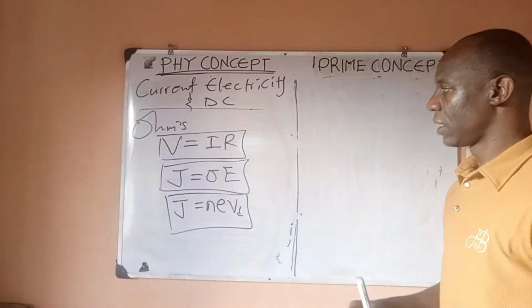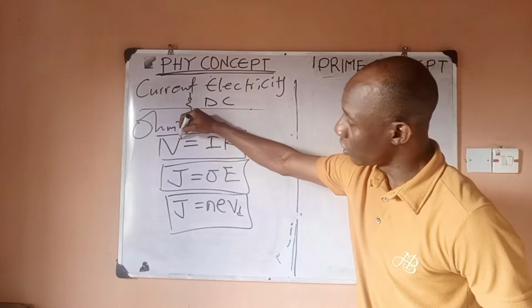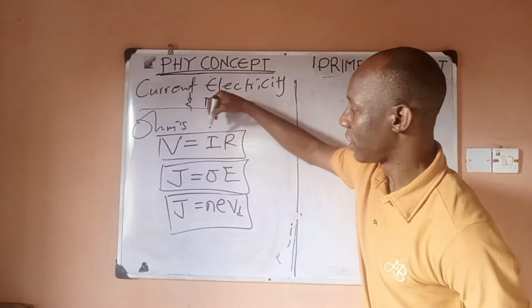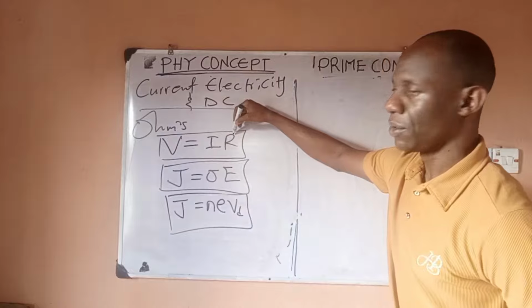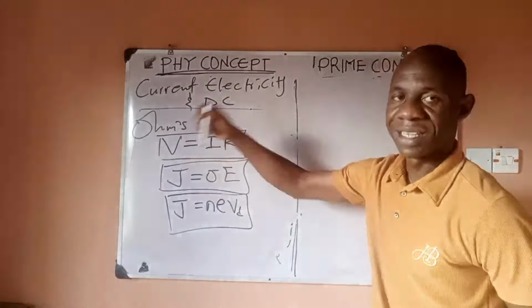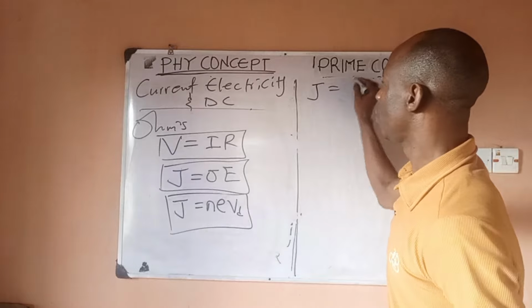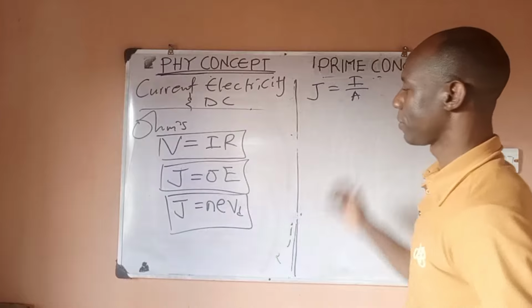Take note of it. So from this first relation, V is voltage, or what you know as potential difference, I is current, then R is resistance. Then you also know from this second relation that J is current density, which I've given you already, current over area.